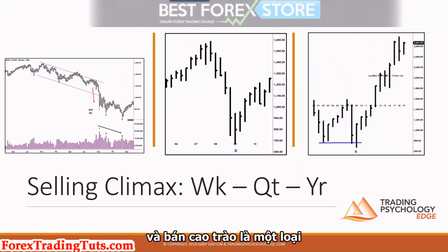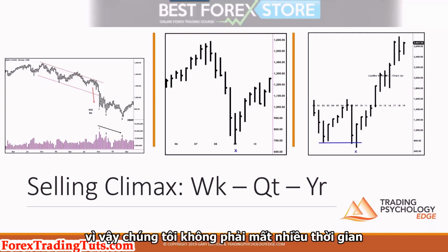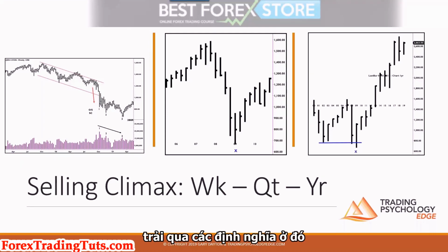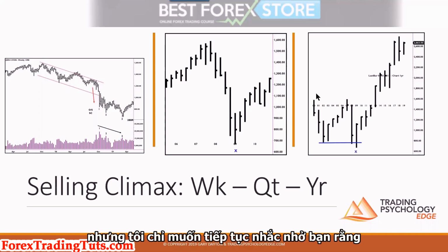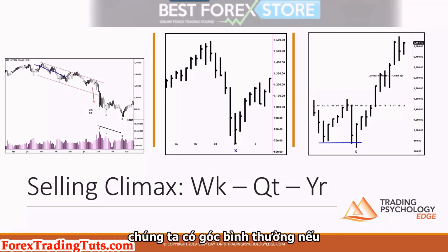Selling climaxes, as I said, are the reverse of buying climaxes. So we don't have to spend a lot of time going through definitions there. But I just want to remind you that we have the normal angle.